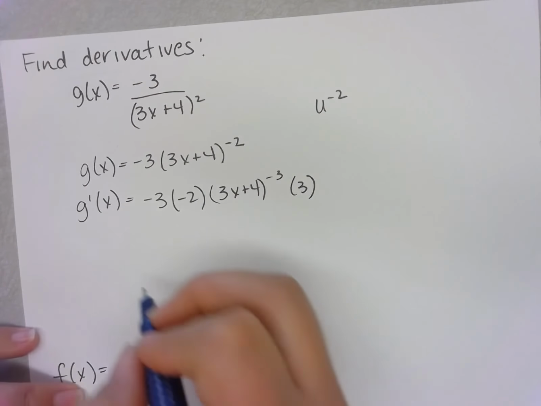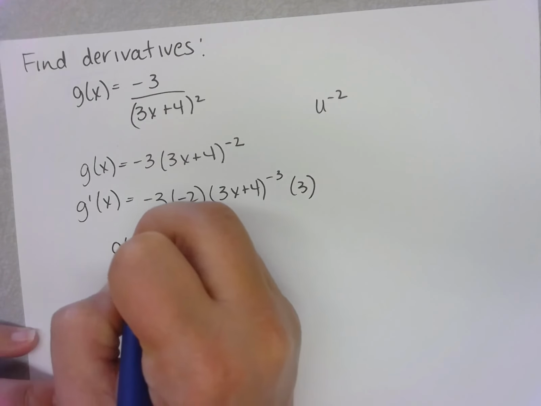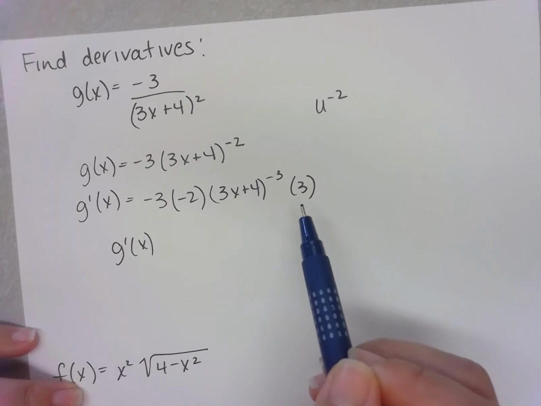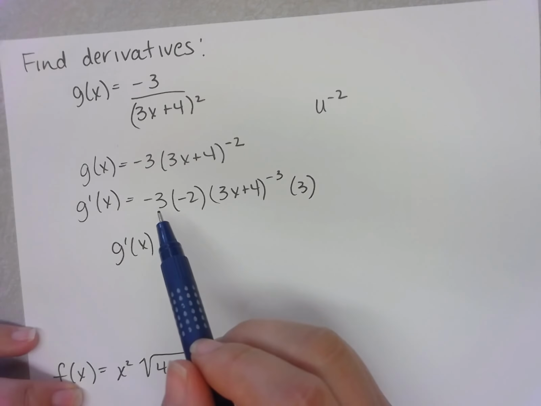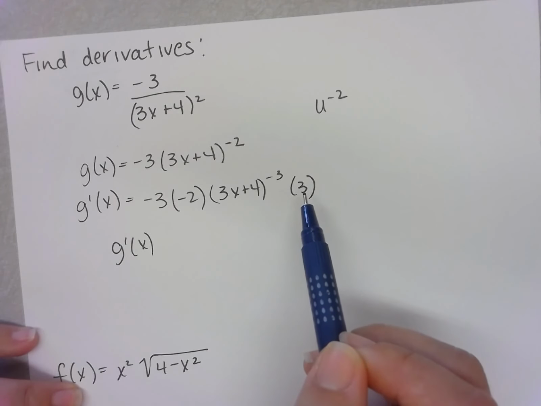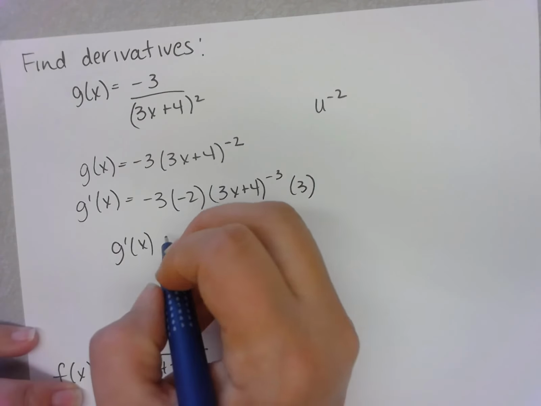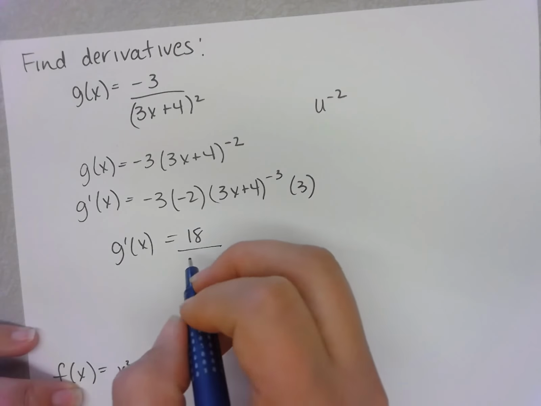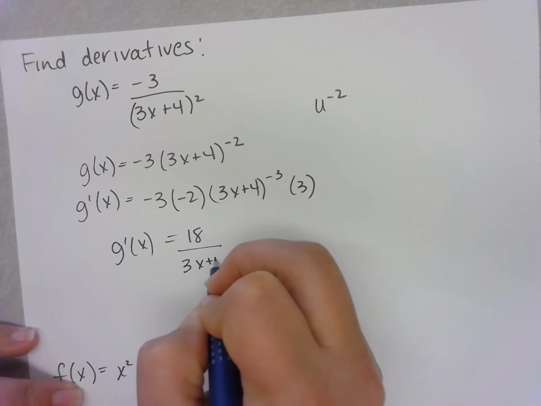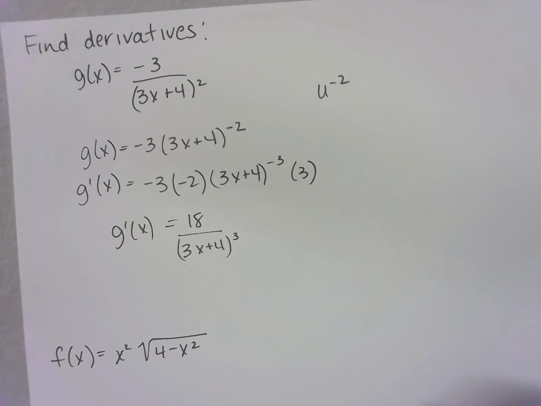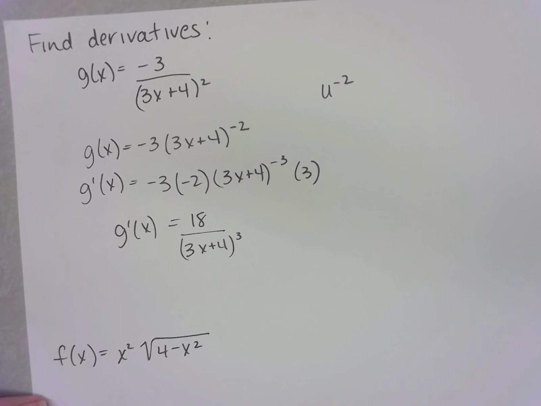So my g prime of x will be, I can't multiply anything that's in an exponent, but I can multiply this -3 times this -2 to get +6, and then also multiply this by the 3 as well. And so this will be 18, and I can write this back in the denominator as (3x plus 4) cubed. That's a good way to write it, especially if you're evaluating it at certain points.